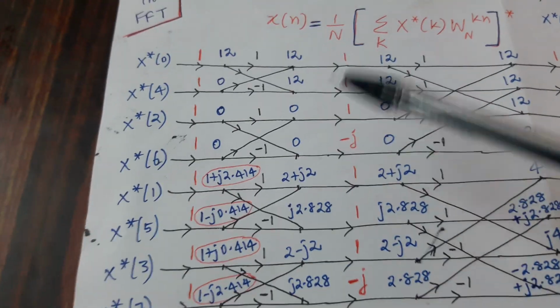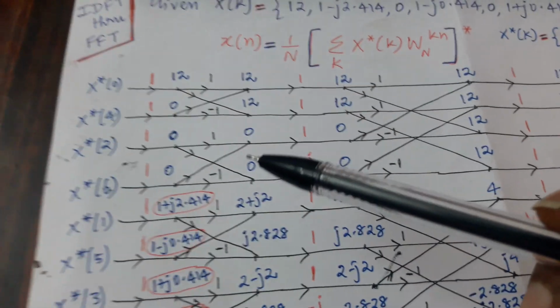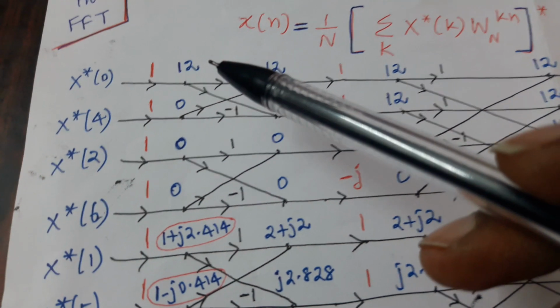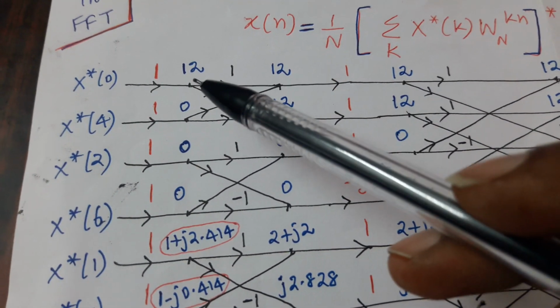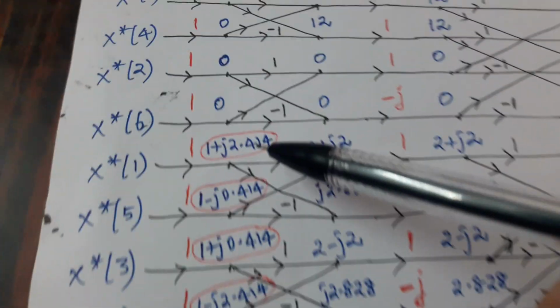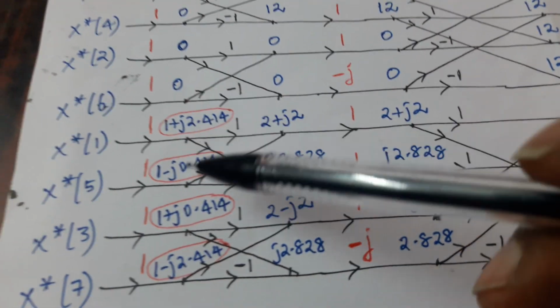I did not teach you how to draw this butterfly structure. You can see that in the previous videos. So this is a plus b, this point. So 12 plus 0, all that stuff you know. 12 minus 0, 0 plus 0, 0 minus 0, and see the imaginary part. So far we have seen only real part as input. A plus b.